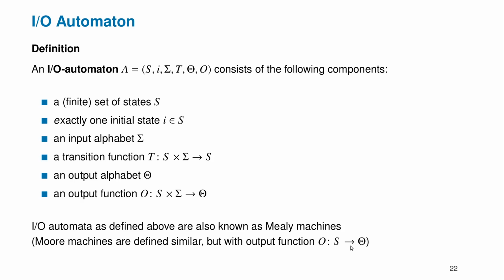So we do not label the transitions with the output symbols, but we have this information directly with the states, and this has some consequences for how this kind of automata are used, but it can be shown that in terms of expressiveness, Moore and Mealy machines are equivalent.